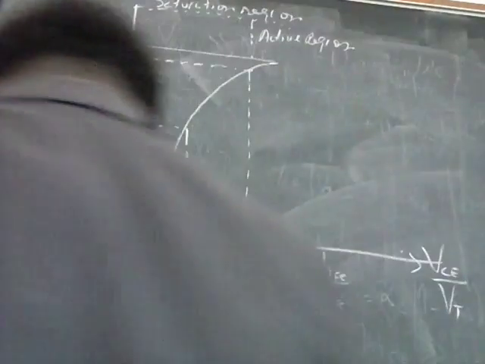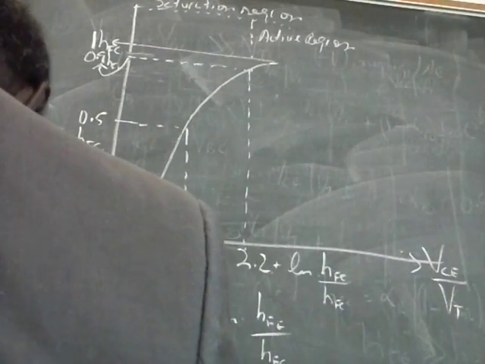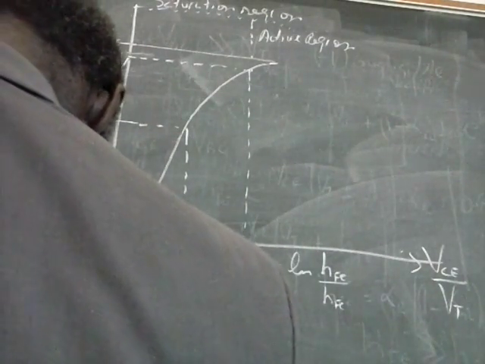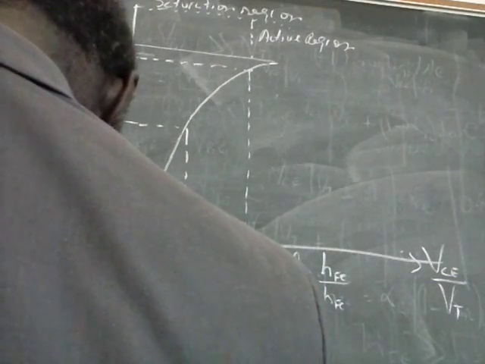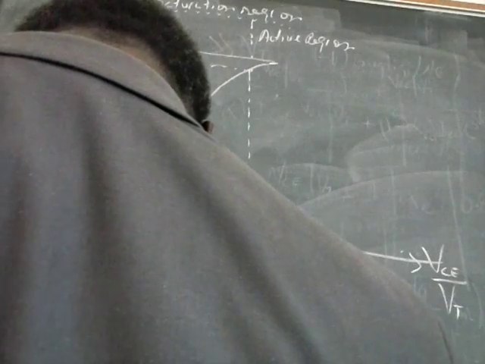So V for the 2 Newton sat equals VT log 9 HF.